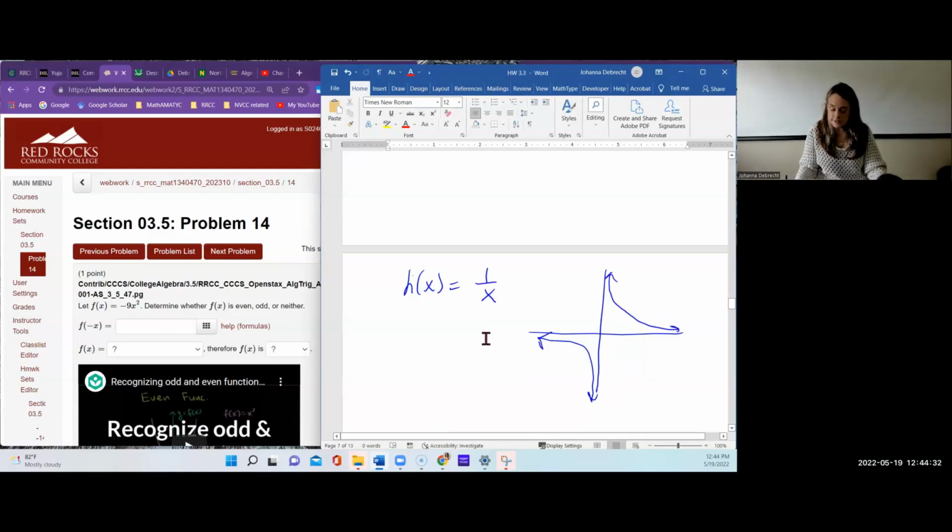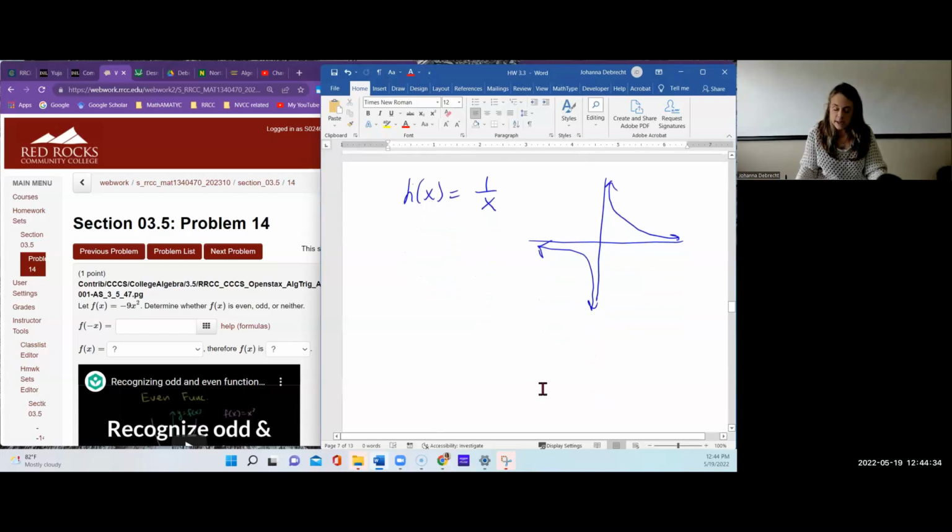If I were to take this function and replace x with negative x, what would happen? Open up empty parentheses in place of the variable and substitute negative x inside. This gives me 1 over negative x. And since fractions allow us to move the negative around, I can write this as negative 1 times 1 over x.